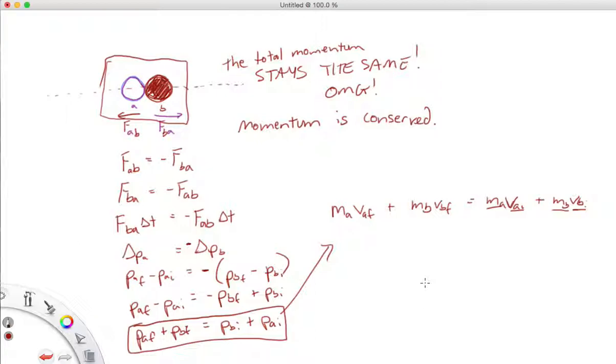This should have more information in the problem. That's what I'm missing. Let's see. The ball has a final momentum. Did I tell you what the ball's final velocity is?